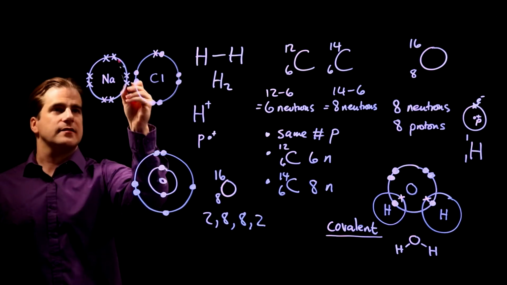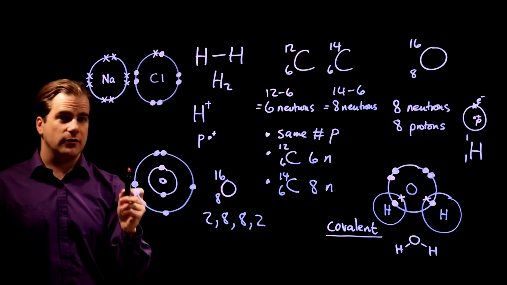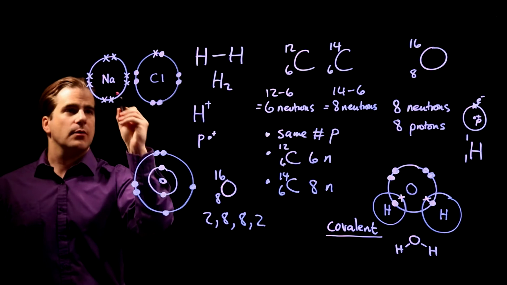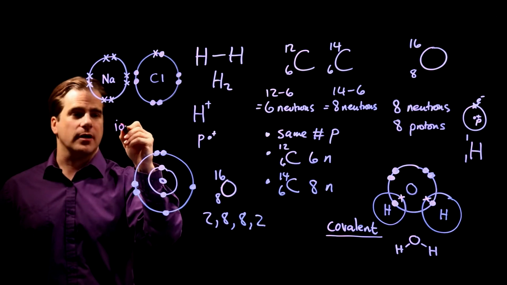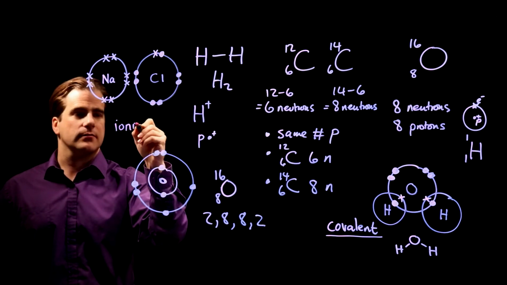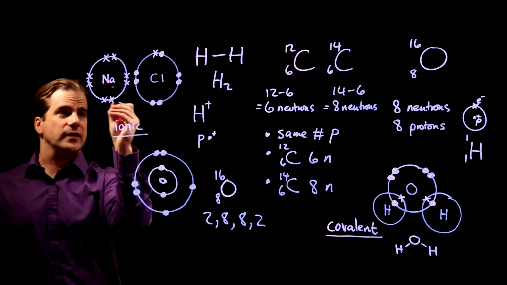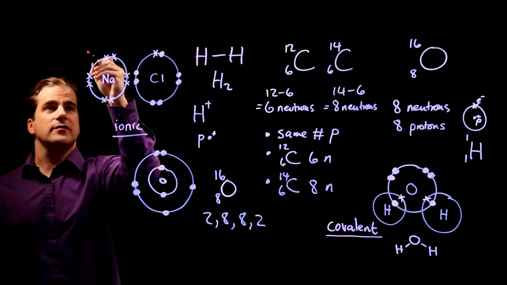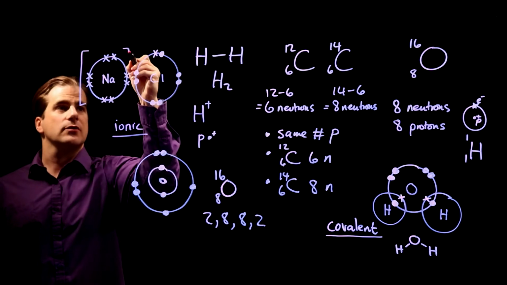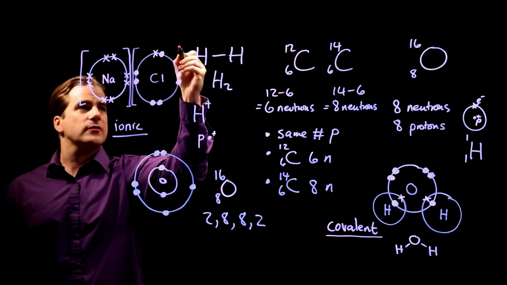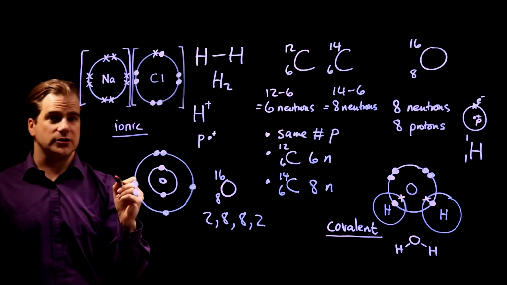Now, you'll notice that the outer shells, I've drawn them not overlapping, and that's really important. When they don't overlap, you have ionic bonding. Okay? It's ionic because these 2 are ions, and you must not forget when you draw ionic bonding diagrams to put some big brackets in like this and show the charge.